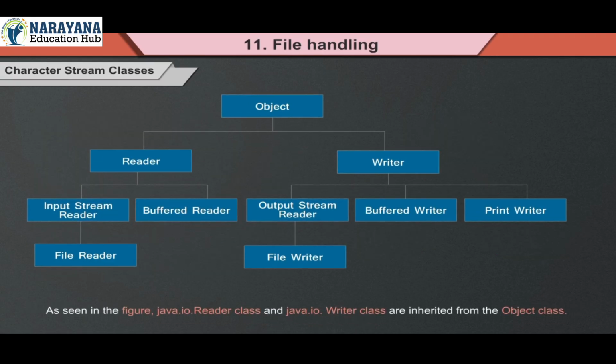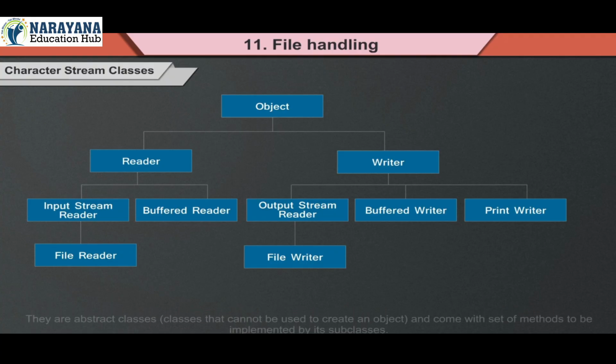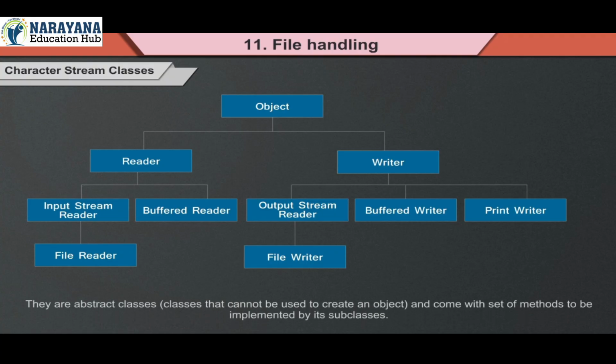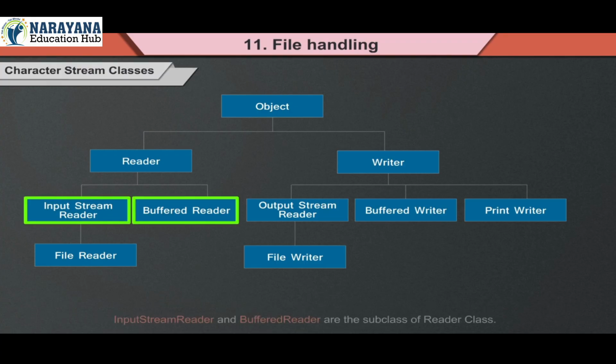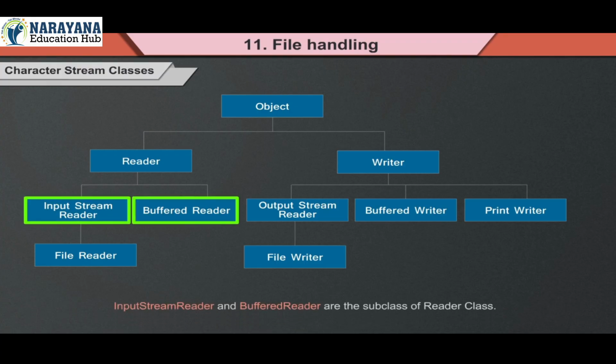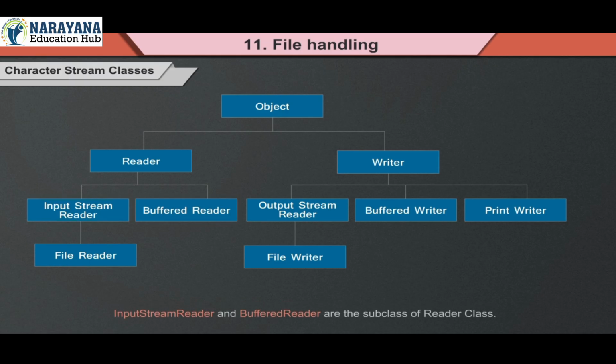As seen in the figure, the java.io.Reader class and java.io.Writer class are inherited from the Object class. They are abstract classes, that is, classes that cannot be used to create an object and come with a set of methods to be implemented by their subclasses. InputStreamReader and BufferedReader are the subclasses of the Reader class.